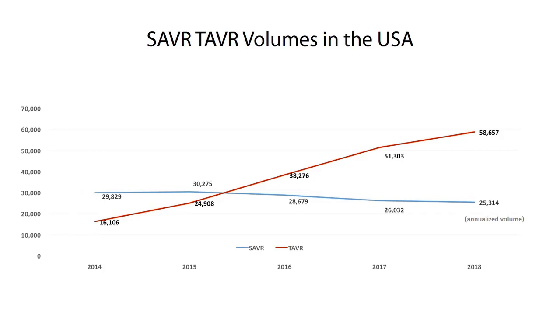So the deflection point was around 2015. In 2018, based on the TVT registry and the STS registry, there are about 58,000 TAVR procedures per year versus only 25,000 SAVR.